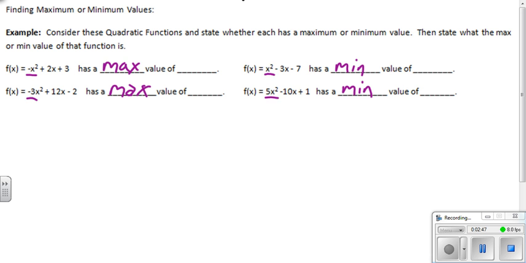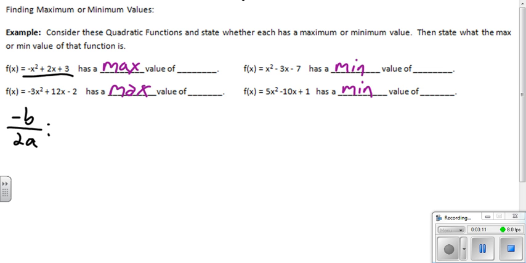Now again, if we wanted to find what those max or min values are, we need to find where the vertex is. And we'd say that the value of it is the y value of our vertex. We can't find the y value without the x coordinate of our vertex, which we know is always negative b over 2a.